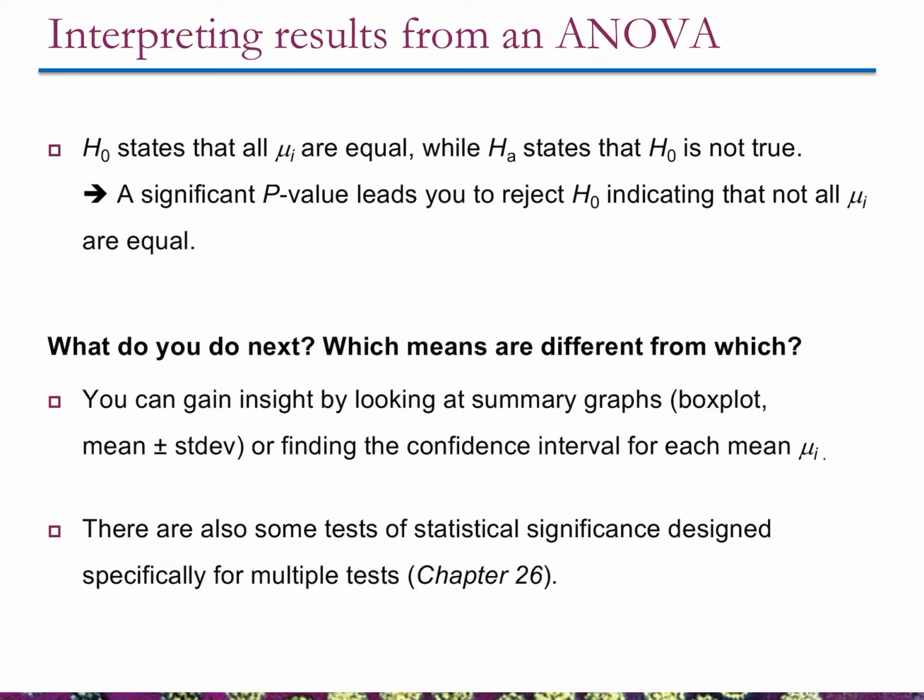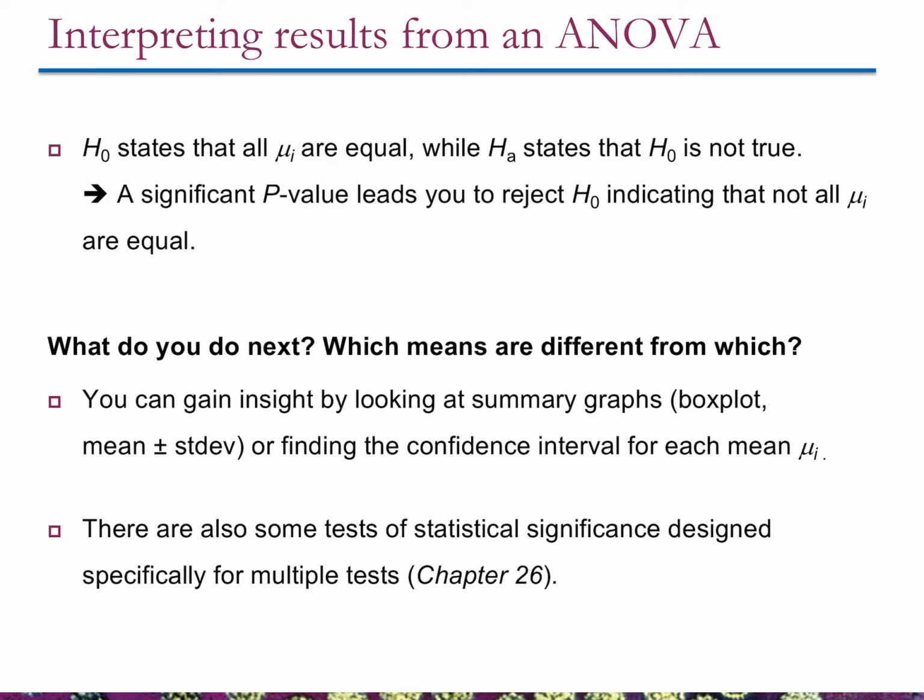All right. So what about interpreting our results from the ANOVA? Well, again, with the ANOVA, our null hypothesis says that all population means are equal, while the alternative just says that that's not true. So a significant p-value then leads us to reject our null, indicating that not all of our means are equal. But you don't know which of the means are unequal from each other.